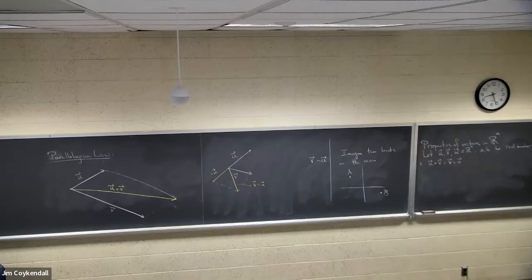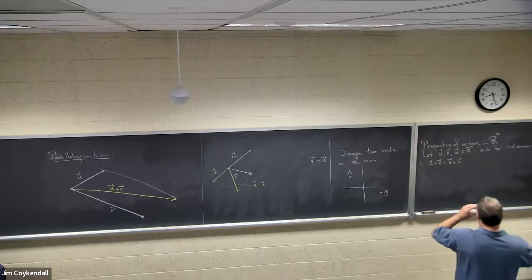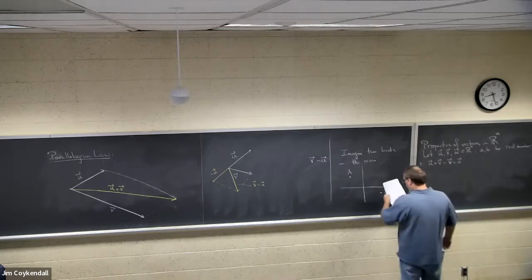First observation, it doesn't matter what order you add vectors in, you get the same answer, right? If you think about how we add vectors, we add them coordinate-wise, and it doesn't matter what order you add numbers. It's the same thing. So u plus v and v plus u is the same thing.